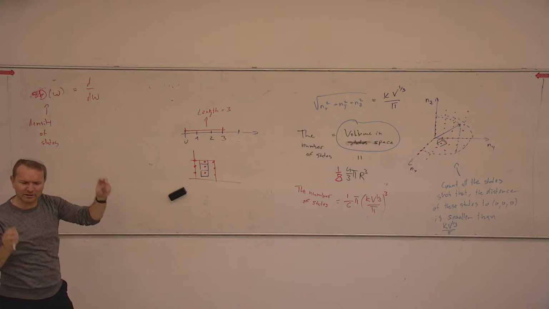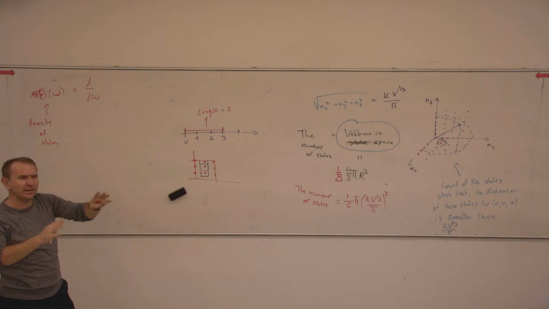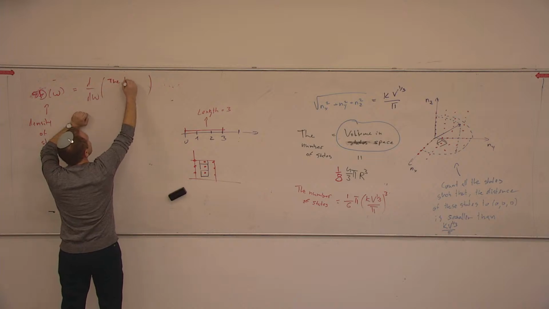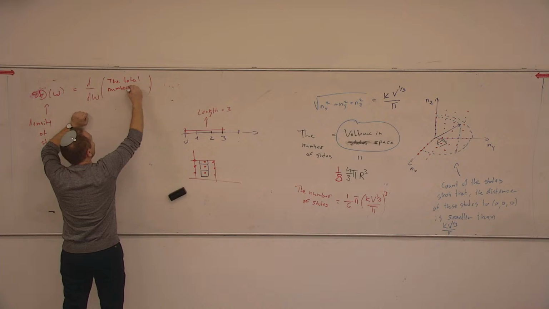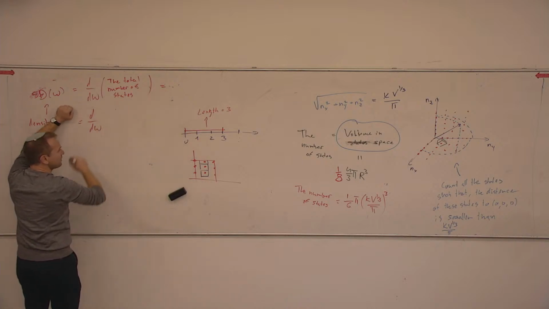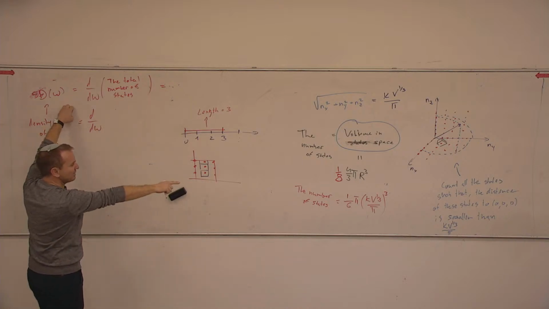So the way to measure it is to count everything and take a derivative. So d/d omega of the total number of states equals d/d omega of what we have inside.